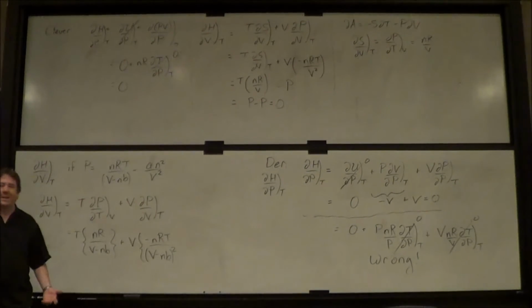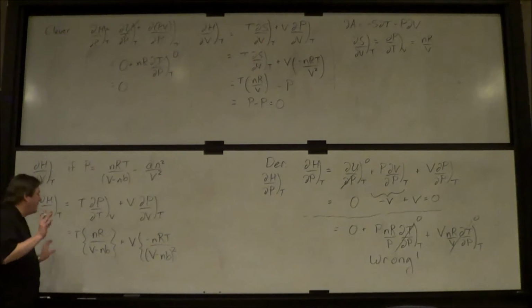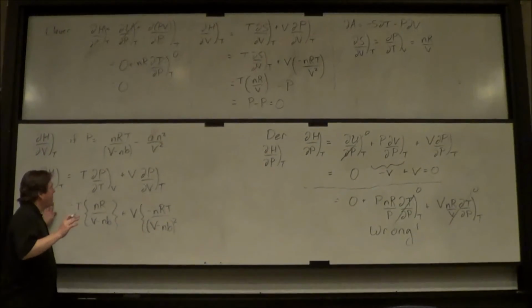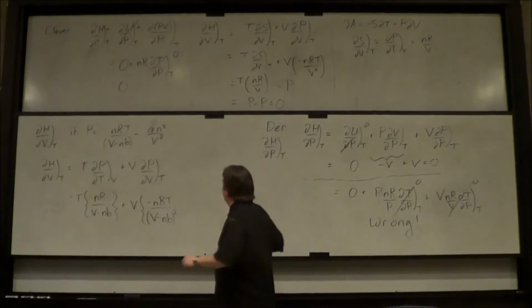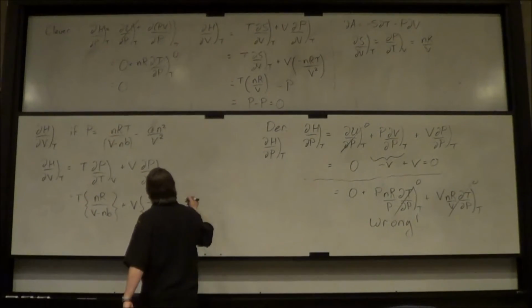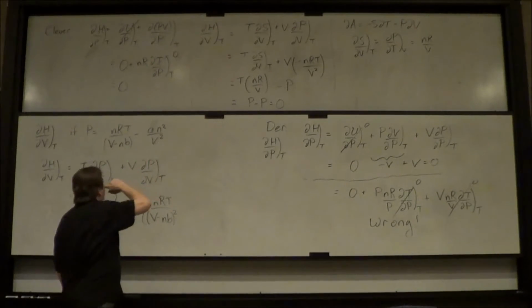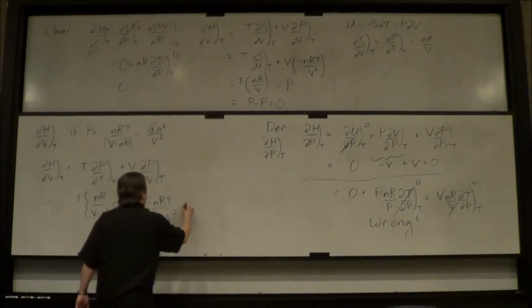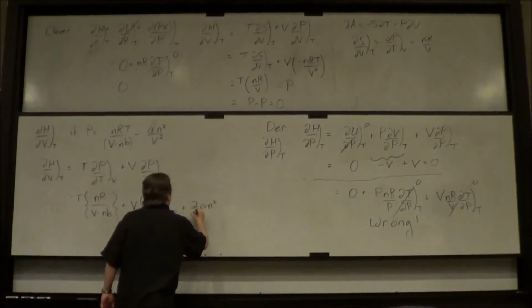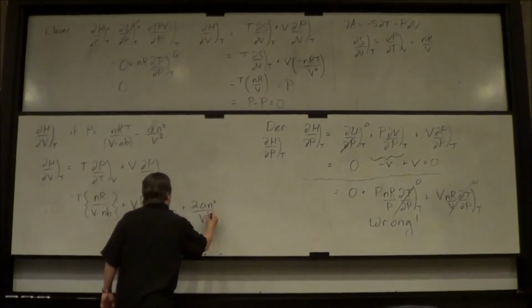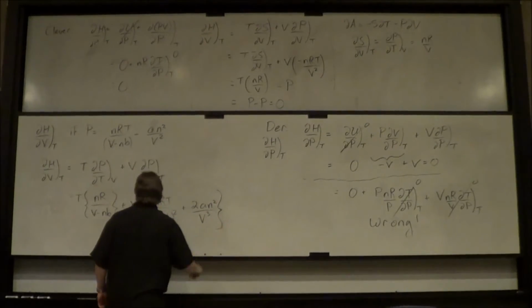It's really not that bad, though it does give me a little pause. I've been doing this for years, but it's basic calculus, first month stuff. And this is a constant times x to the minus 2, so that's going to pick up a plus 2a n squared over V cubed.